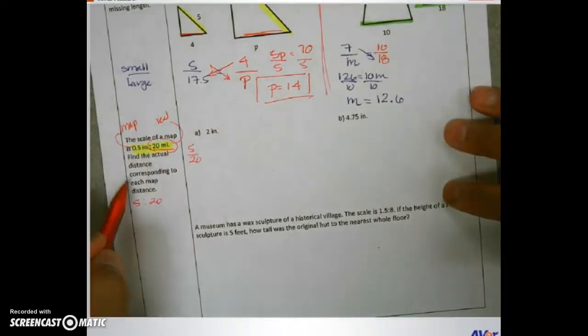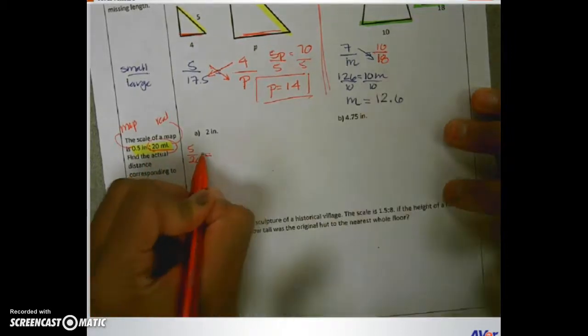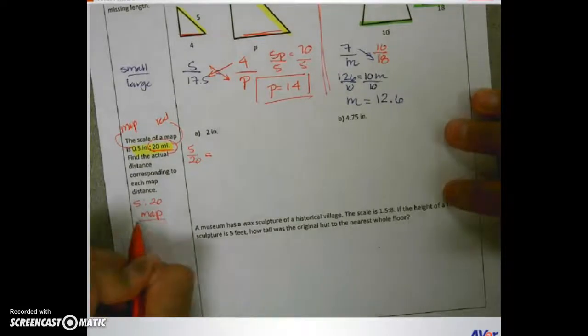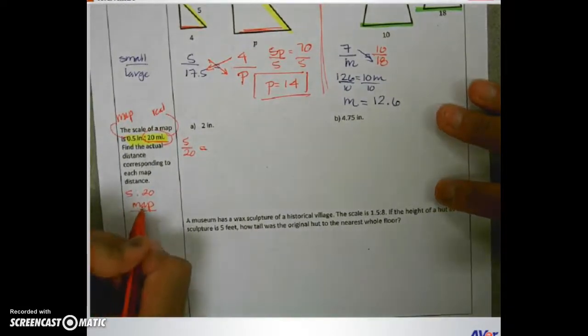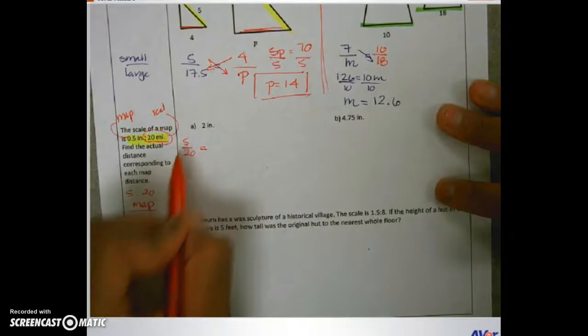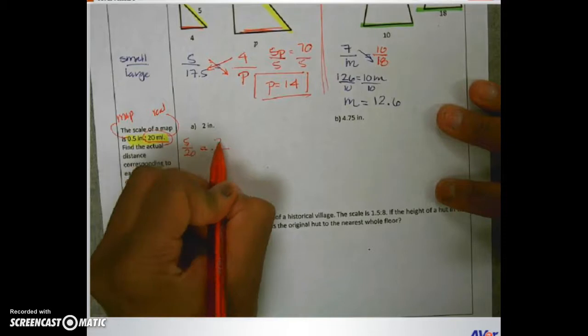Okay, find the distance that's corresponding to each spot on the map. So 5 over 20, this is going to be map, just to help me place things. I like to make sure that I know what I'm doing. So I'm going to put map over real life. So this is 5 over 20, map over real. And then there's 2 inches. If I match that up with these inches, it's going to be 2 up here.